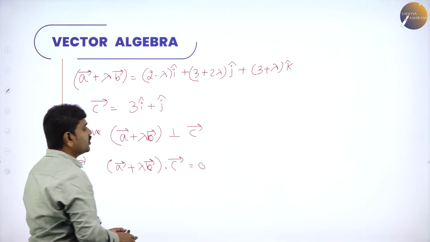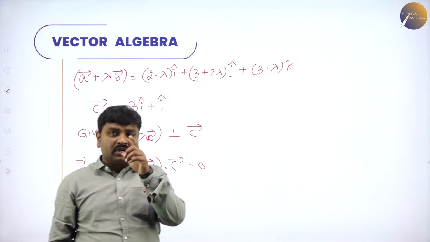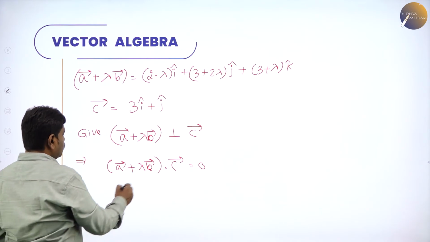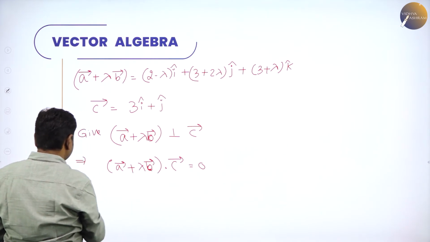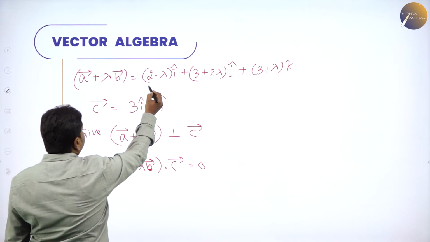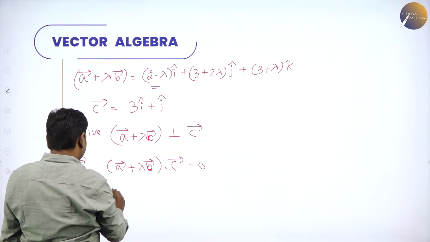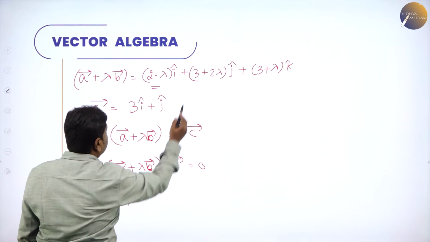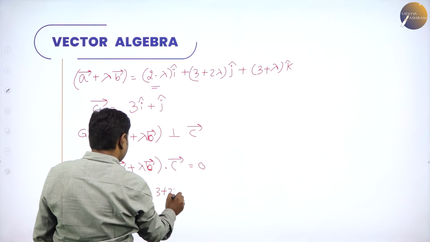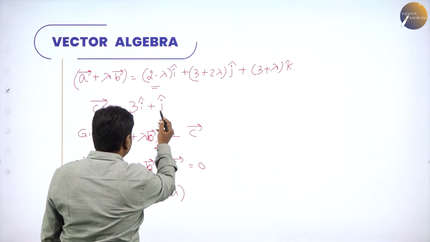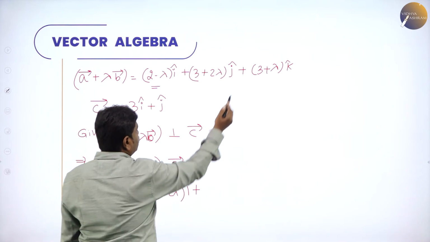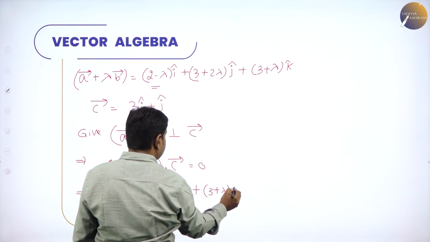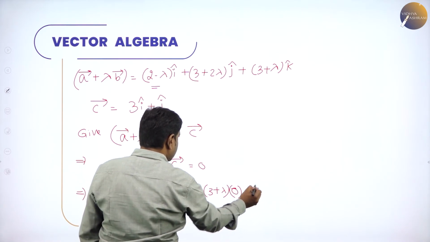If two vectors are perpendicular, then their dot product has to be 0. So now you know how to do dot product: multiply the coefficients. Coefficient of i is 2 minus lambda into 3, plus coefficient of j, 3 plus 2 lambda, into 1, plus coefficient of k, 3 plus lambda, into 0, is equal to 0.